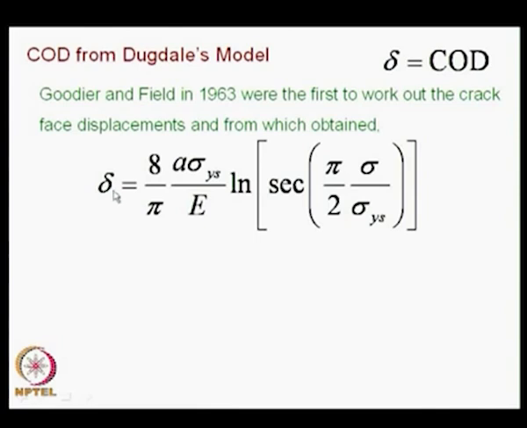COD is given as 8 by pi multiplied by a into sigma ys divided by E, natural logarithm of secant of pi by 2 sigma by sigma ys. And mind you, the symbolism, earlier we had used delta as the extent of plastic zone in Dugdale's model, but in the context of EPFM, delta refers to CTOD. We had already seen what is the diagram for CTOD.